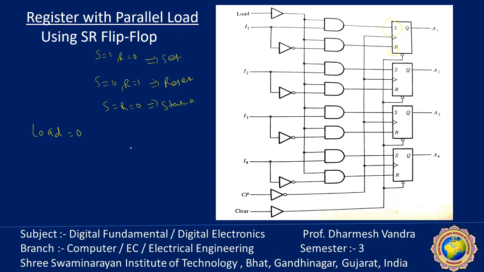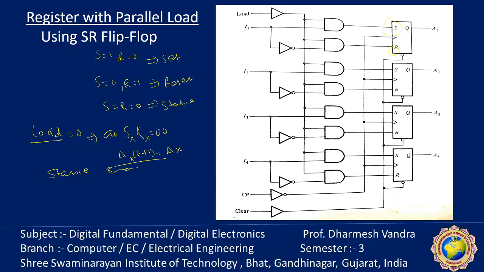When load equal to 0, all Sx and Rx are equal to 0, 0. That means Ax(t+1) equals Ax. So when load is equal to 0, the output remains the same, it is in a stable condition.